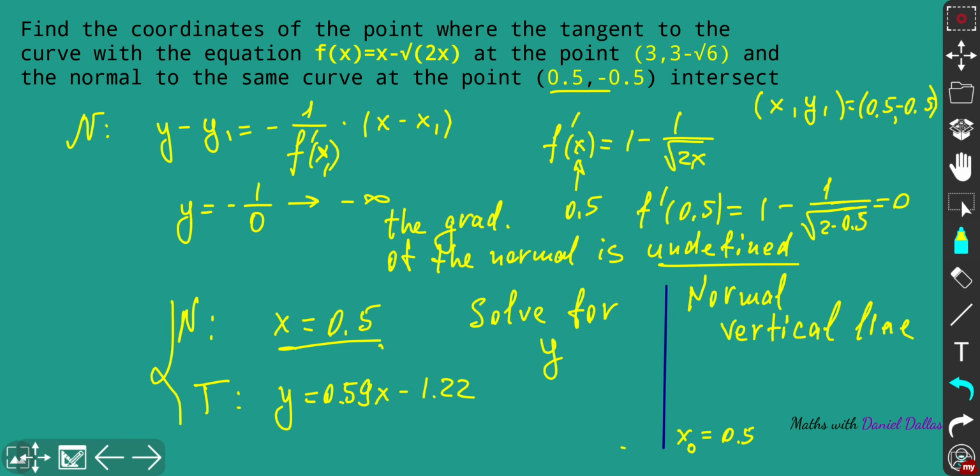We just plug 0.5 in and calculate: 0.59 times 0.5 minus 1.22. So y0 is going to be negative 0.925. So that's the normal line, that's the tangent line, and here is the point of intersection.